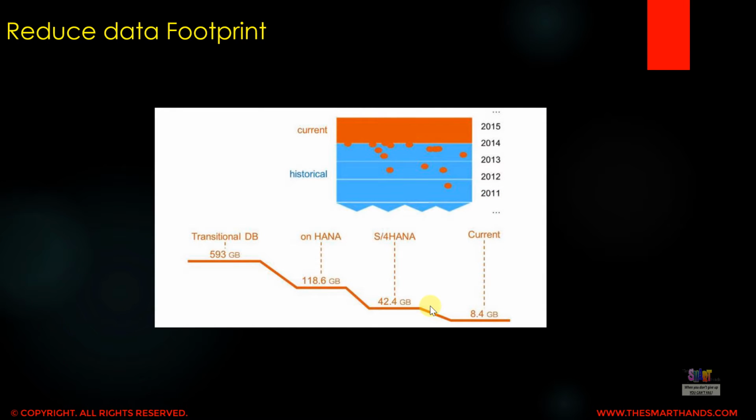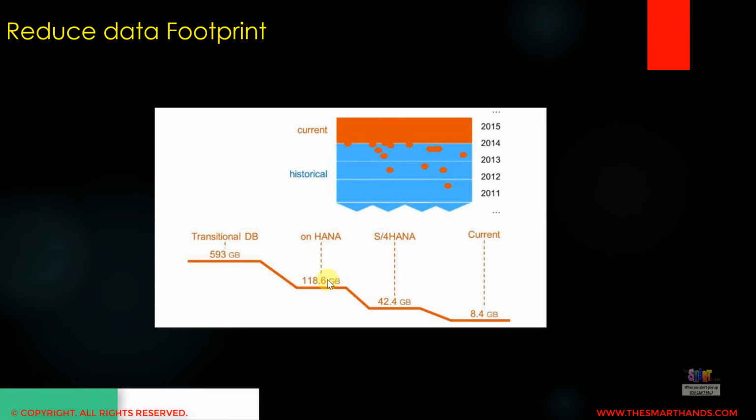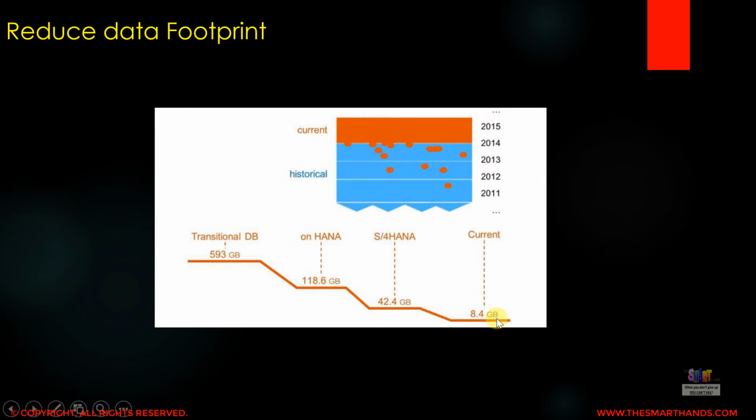Now we'll talk about the reduced data footprint. As you can see on the screen, in a traditional database, the data stored in the system takes 593 GB of space. But when HANA was launched, it was reduced to 118 GB, and with S4 HANA 42.4 GB, and the same data, when we store it with the current latest version, is only 8.4 GB of data storage.